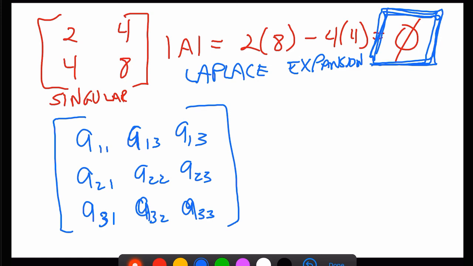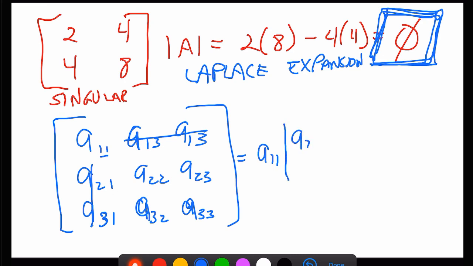Again, we're going to pick one row or one column, and we're going to do an expansion on that row. So we start out with 1,1, which adds up to 2, which is positive, so we just write A11. Then we eliminate the row and the column. Now I have a matrix.